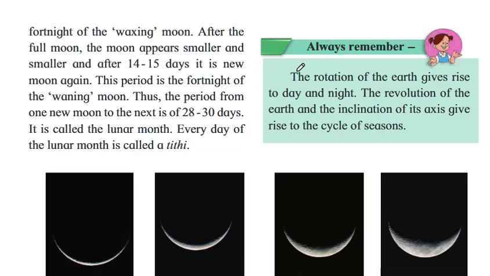Always remember, the rotation of the earth gives rise to day and night. The revolution of the earth and the inclination of its axis give rise to the cycle of seasons.